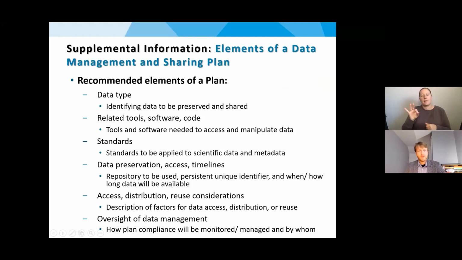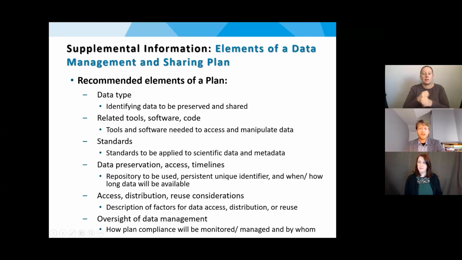So findable, accessible, interoperable, and reusable. Plans should also be updated throughout the award, for example, as a result of changes in scientific direction, a change in the intended data repository, or a timeline revision. These are intended to be fairly concise documents and generally should target 2 pages or less.